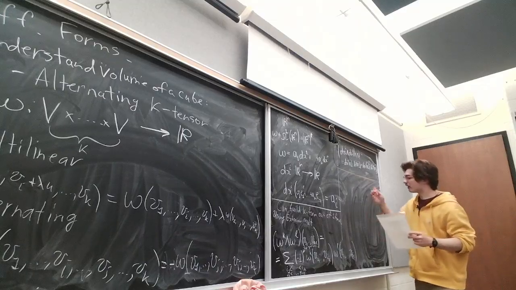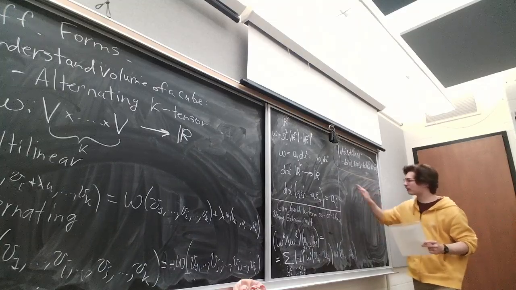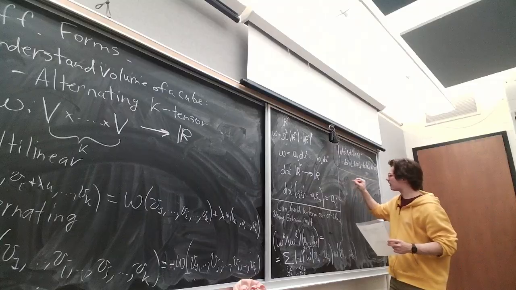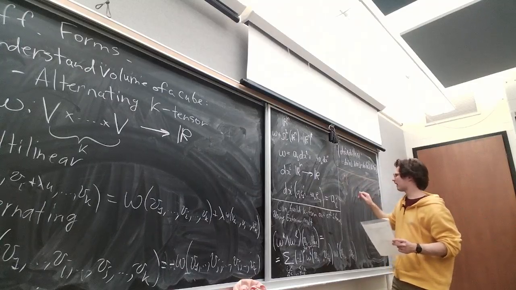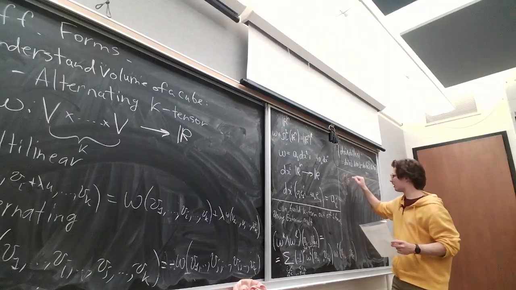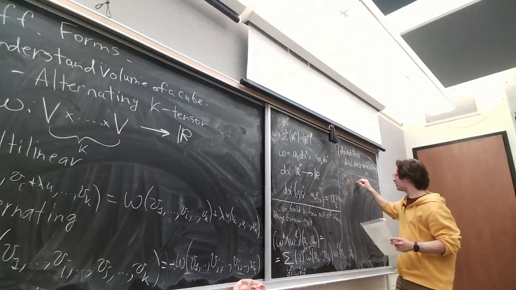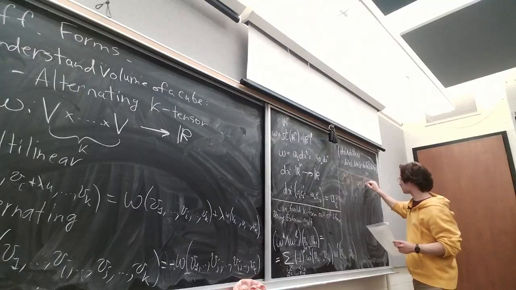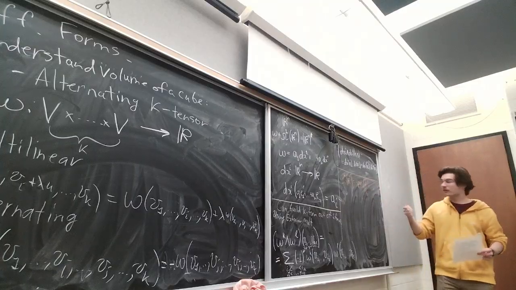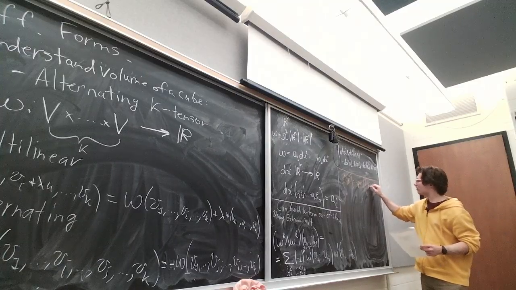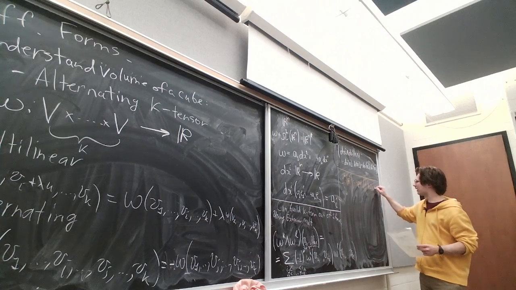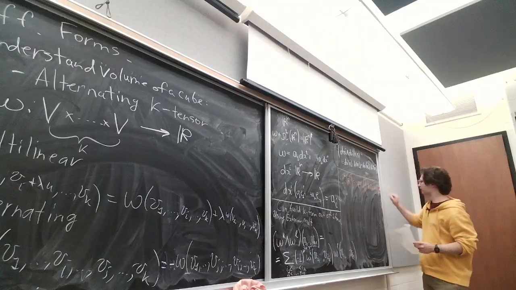So this is very useful. Why? Because it turns out that the space of k-forms on Rn is in fact spanned by all the possible ways to wedge k dxi's together.